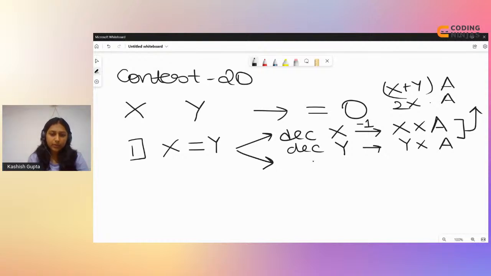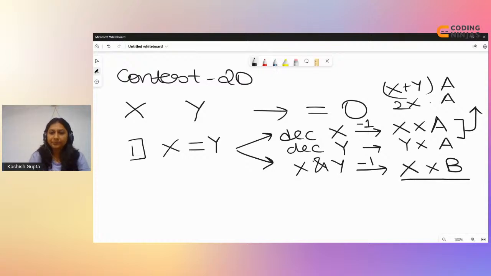Or what you can do is simultaneously make x and y 0, decrementing both of them by 1, and this will take x number of operations, and because they are done simultaneously, the total cost will be x into b. So one cost you get is 2x into a, and the other you get is x into b.